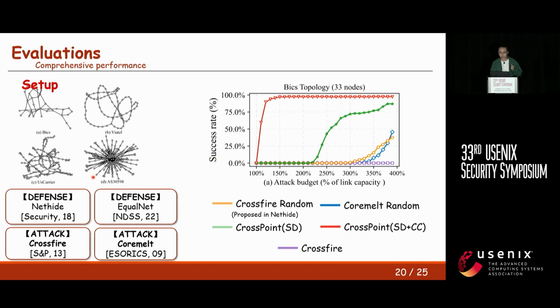This network is protected by NetHide or Ecomet, and we test our success rate with different attacks such as Crossfire, Coremelt, and some attacks proposed by NetHide. You can see that our attack can have a high success rate even with a little affordable extra budget of about 10 or 20%, while other attacks need a very large budget to succeed.